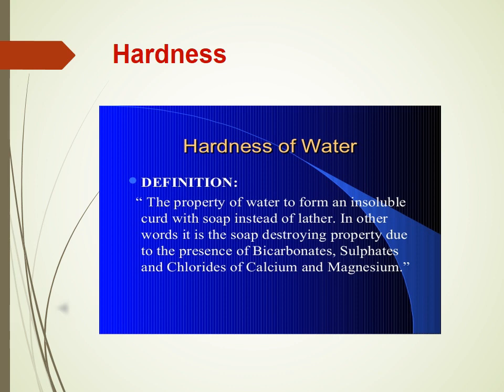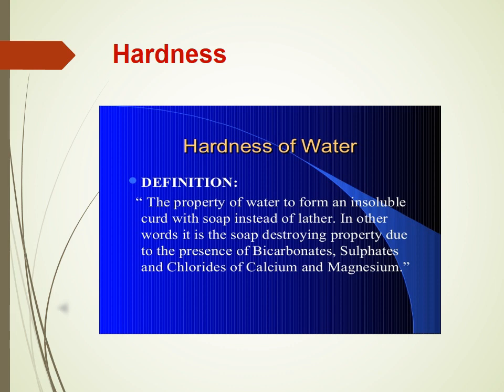Such calcium and magnesium ions or other ions have the soap consuming capacity. It means you know that soap generally consists of the sodium salts of long chain fatty acids such as oleic acid, palmitic acid or stearic acid.